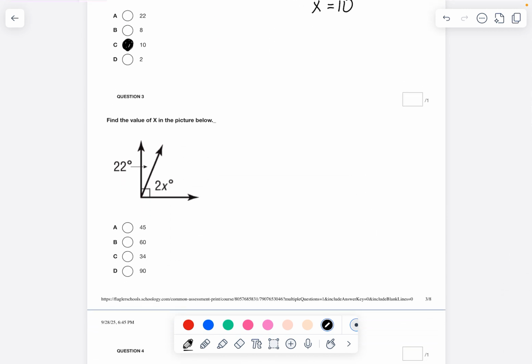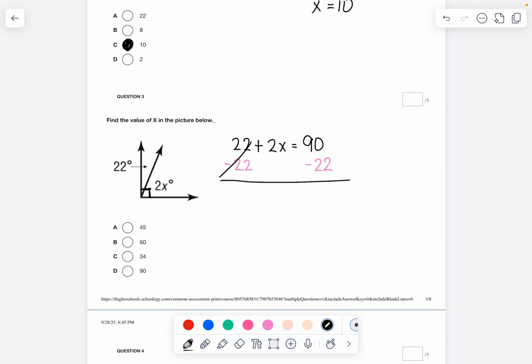Same setup for number 3. You just have to look at it closely. We have a box here, so clearly this angle is 90 degrees. So those two angles, 22 and 2x, must add up to equal 90 degrees. So the first thing I'm going to do is subtract 22 from both sides.